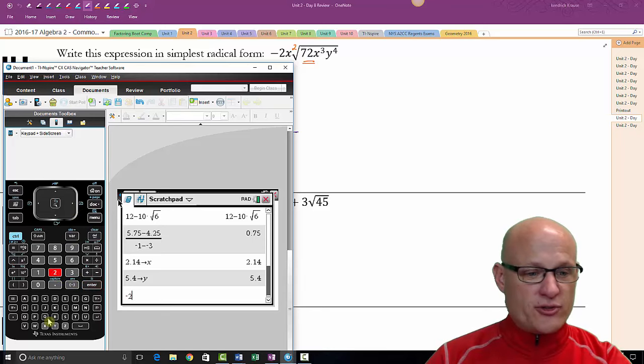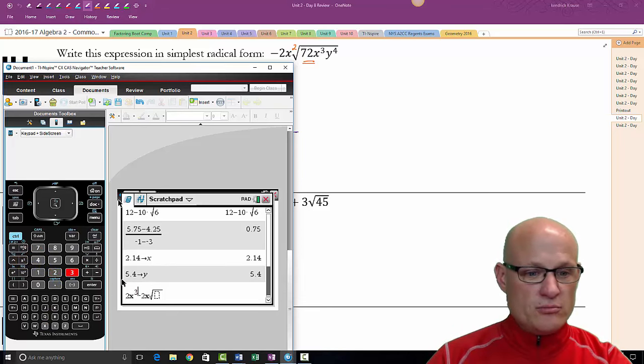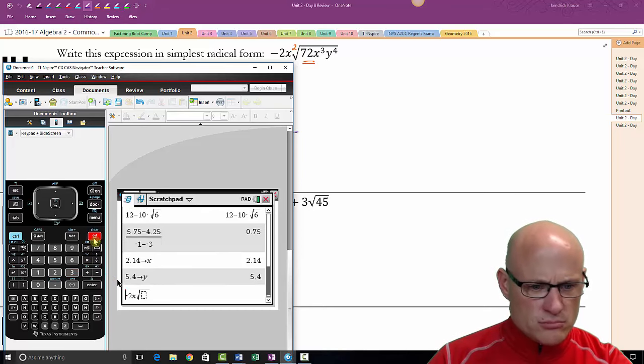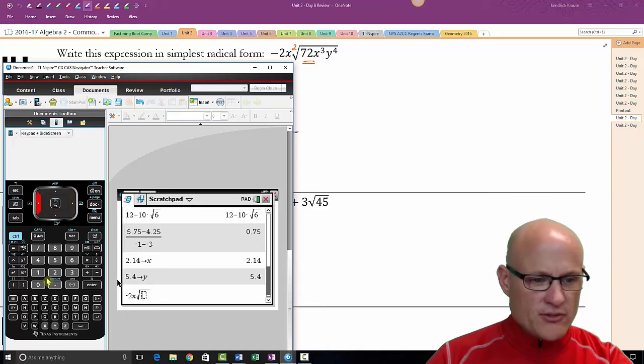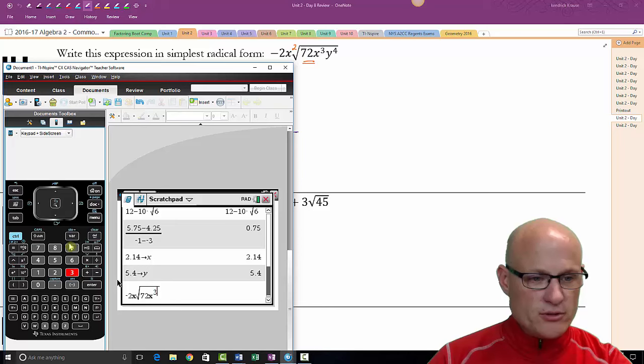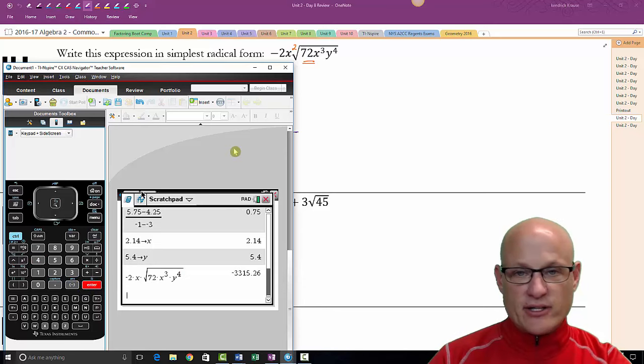The original problem was negative 2x square roots of 72x cubed, y to the 4th. Enter. Some dumb answer. There it is.